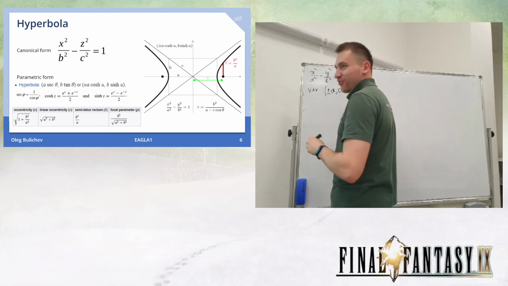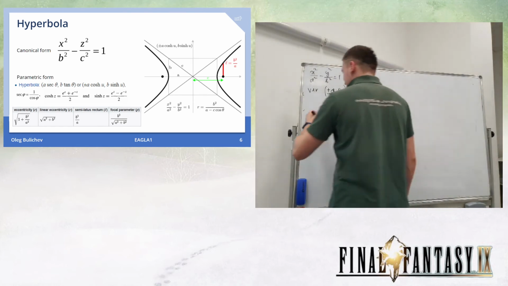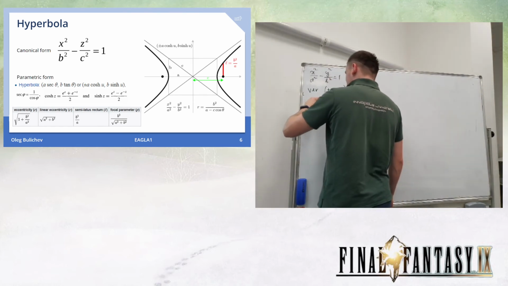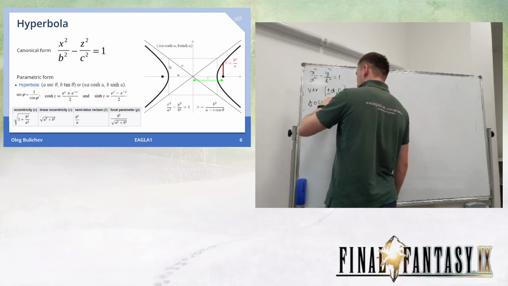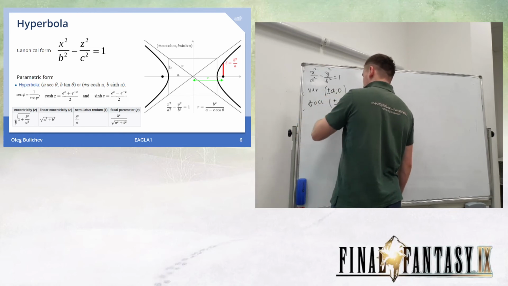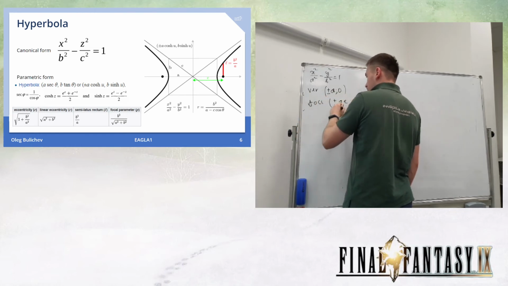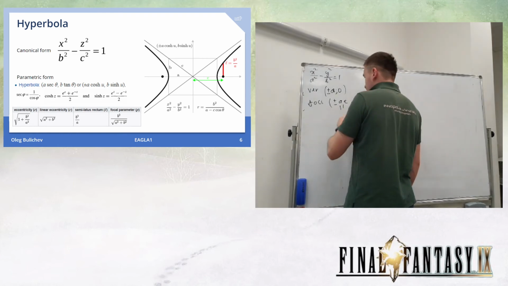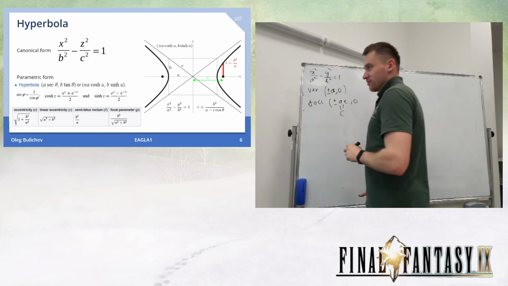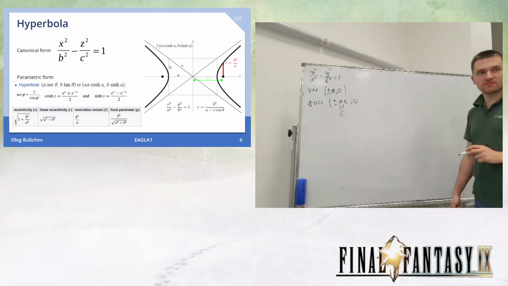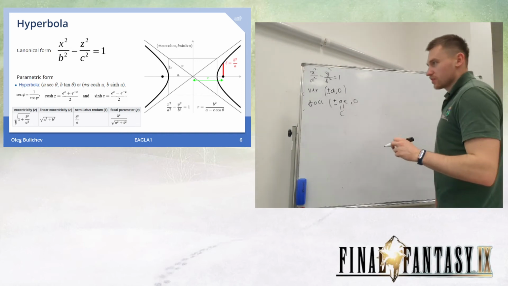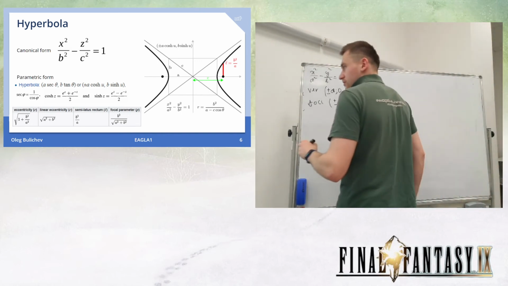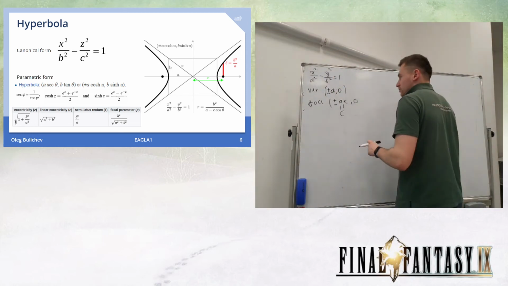Foca, I don't know foca. I know foci. Minus plus c, 0. Or see. Directrix. So we need to write.